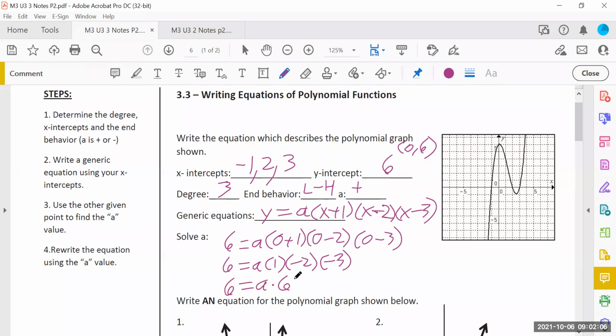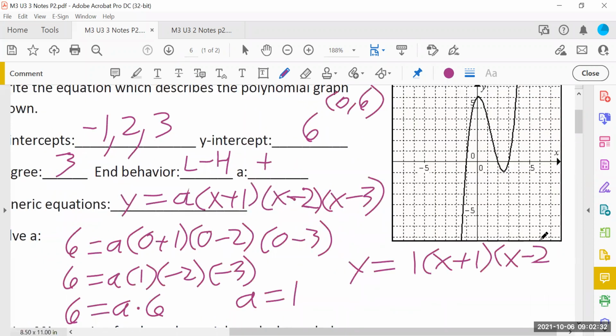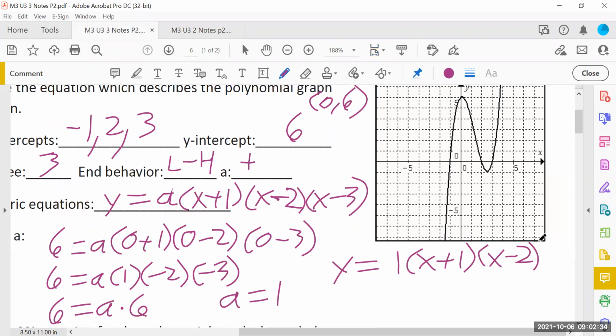I can divide both sides by 6 and get that a is 1. So my actual equation, the exact equation here, y equals, we said a was 1, so positive 1 times x plus 1 times x minus 2 times x minus 3.